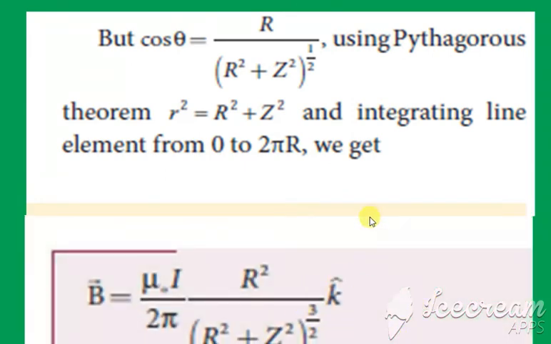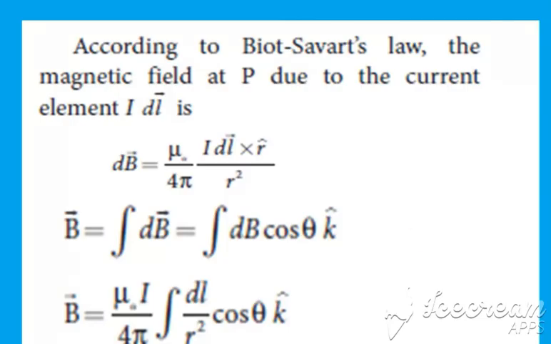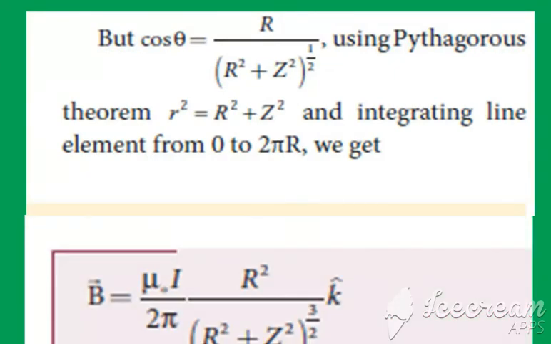Since R square is equal to r square plus z square. Now substitute this value of cos theta in this place. If you substitute, the remaining terms are what? Mu naught I by 4 pi integral of dl by r square into cos theta, is it not? I am just writing it over here.